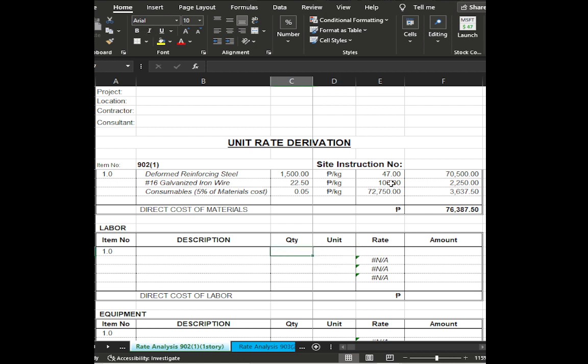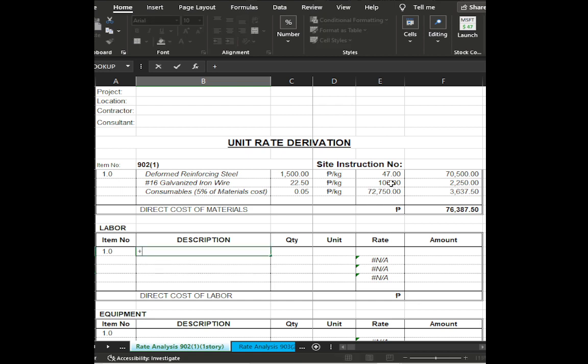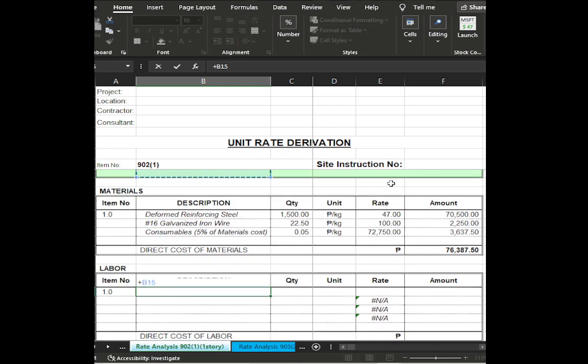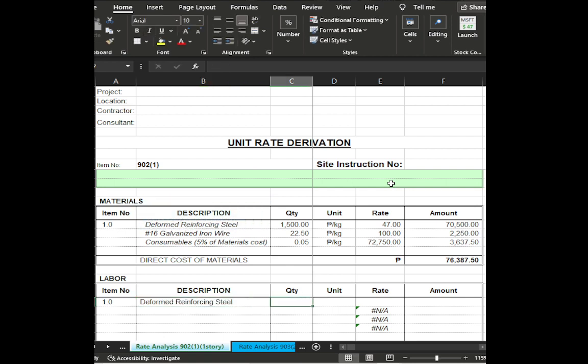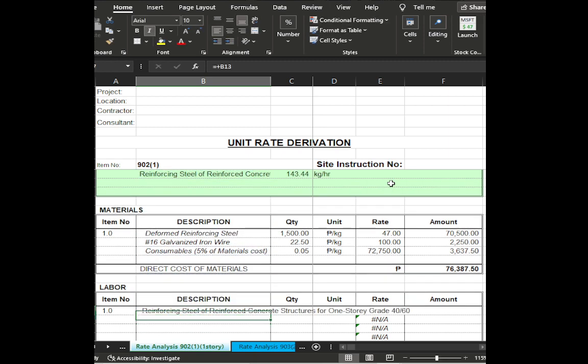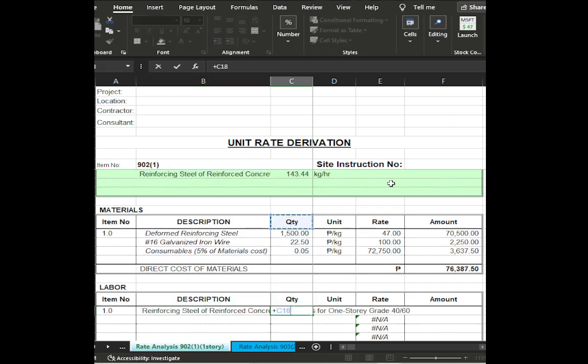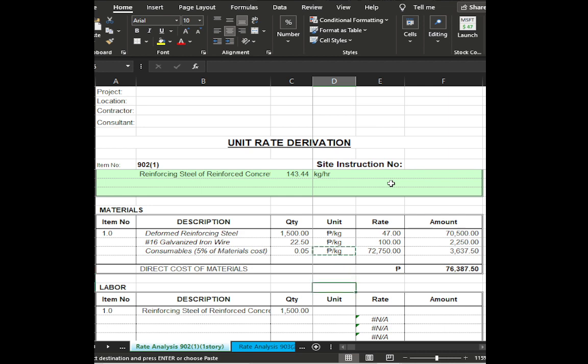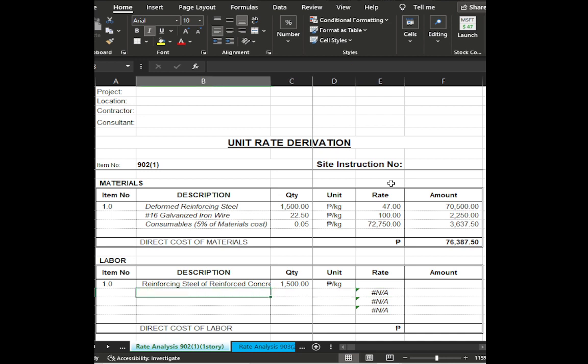So for our labor guys, we'll just copy this one first, the form reinforcing steel, then the same quantity, 1500, then piso per kilogram, and we need also construction foreman.